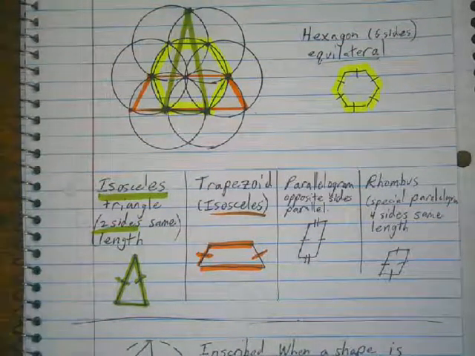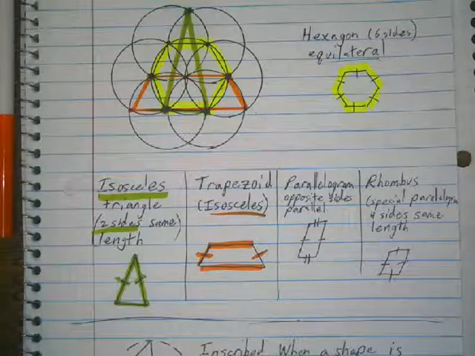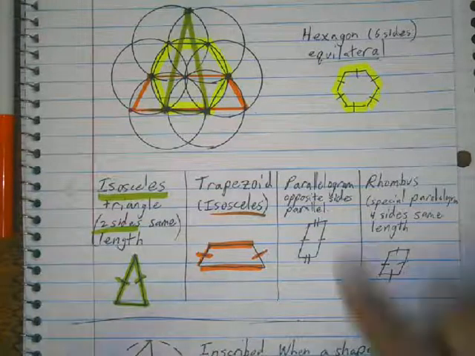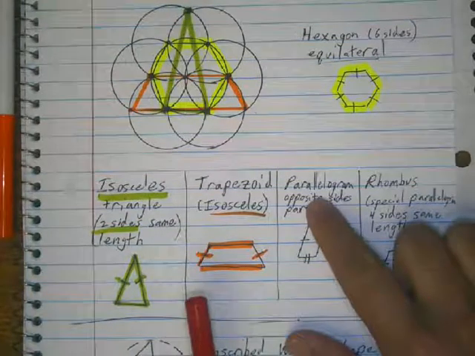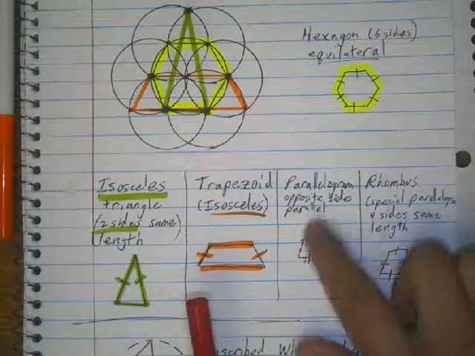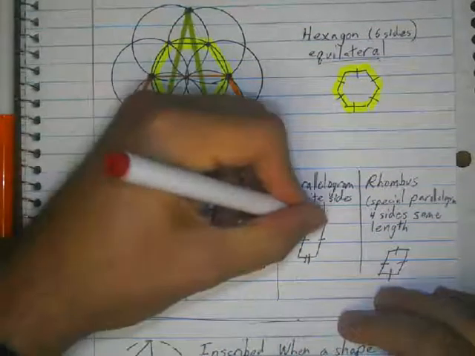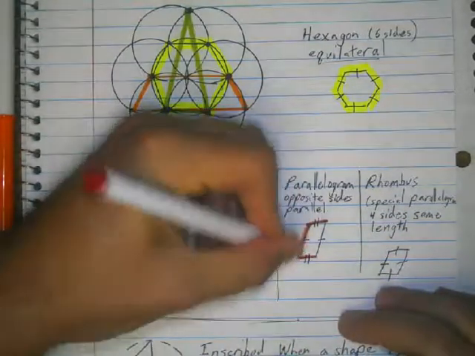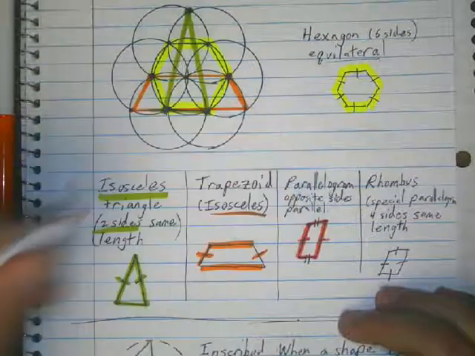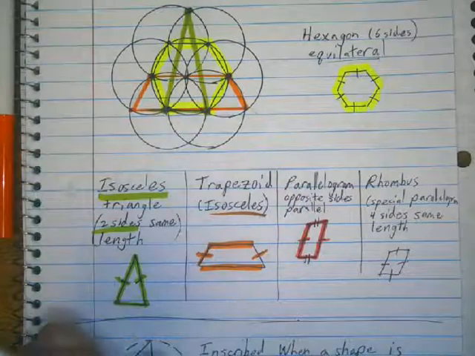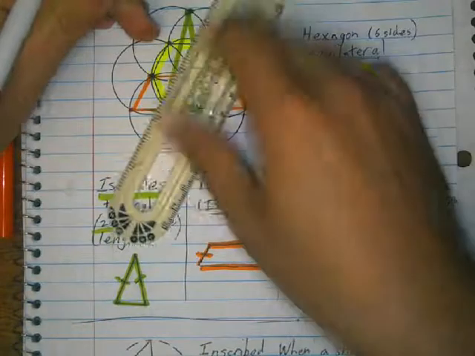Okay. What else? There's a parallelogram. The word parallel kind of gives it away. Opposite sides have the same length. So we're going to find one that's like this, where the opposite sides have the same length. Here we go. Here's a parallelogram.